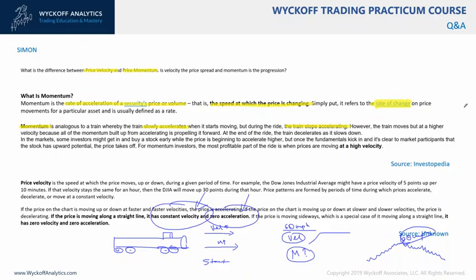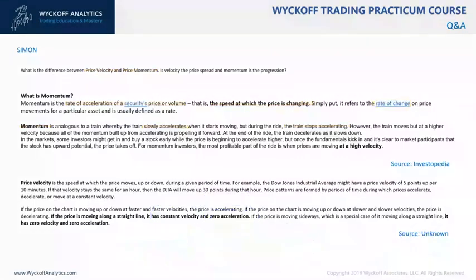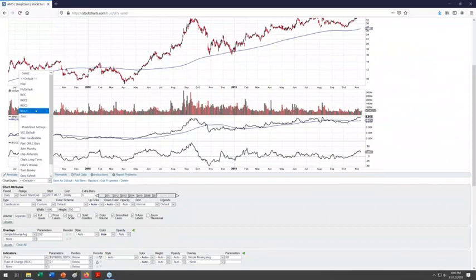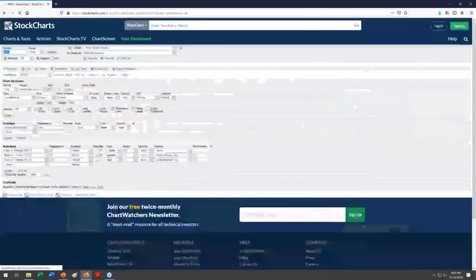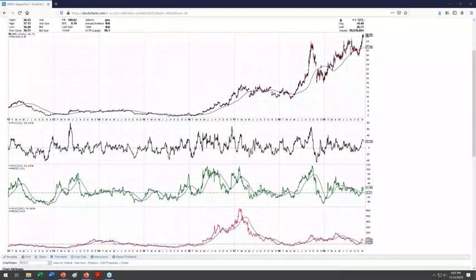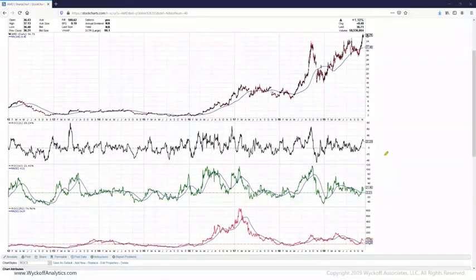And John, I was thinking about this on the chart. Let me bring this up really quickly. Yeah, that is one of the tricky things about momentum, that it can decrease while price is still increasing. It's just at a slower rate. Exactly.